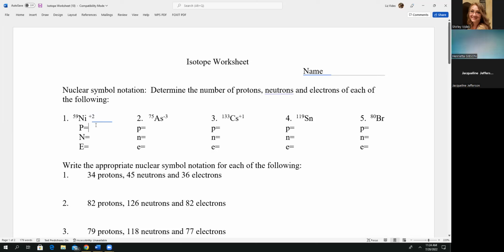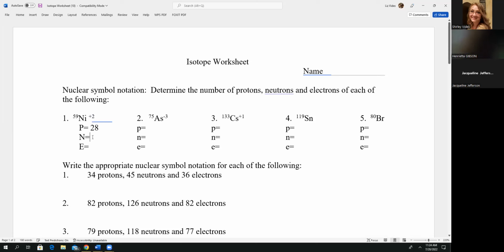So how many protons does nickel have? Since it's nickel, all we have to do is go look at nickel, and it says 28, right? So we know that the neutrons are calculated by subtracting the mass number, which is that 59 up there, minus the 28.